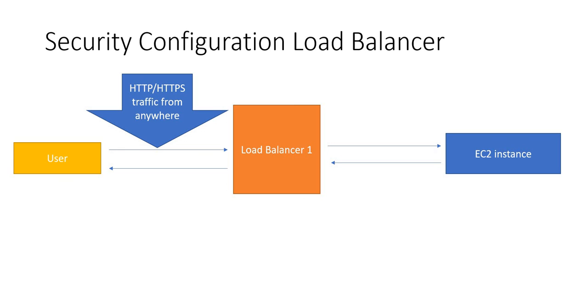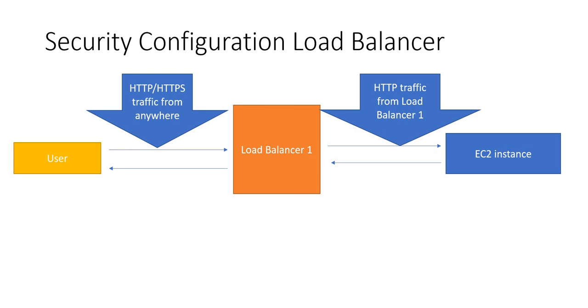That traffic could be from anywhere. And we can add one more configuration in between load balancer 1 and the EC2 instance. Here we can configure HTTP traffic coming only from load balancer 1. So no other users, load balancers or other instances can directly contact this EC2 instance. It will accept only traffic coming from load balancer 1.